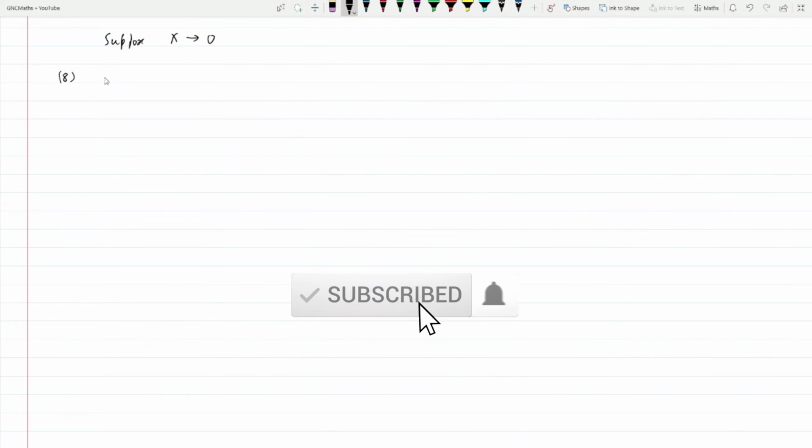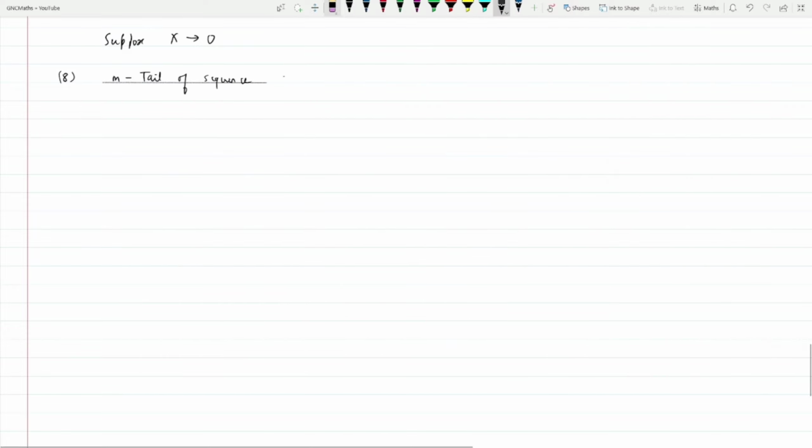Next we are going to talk about the tail of a sequence. So we give the definition for m tail of a sequence. To begin with, start with the sequence x equal to xn, and let's say this is equal to x1, x2, x3. There will be some natural number which will be giving us the term xm, followed by xm plus 1, xm plus 2, and so on.